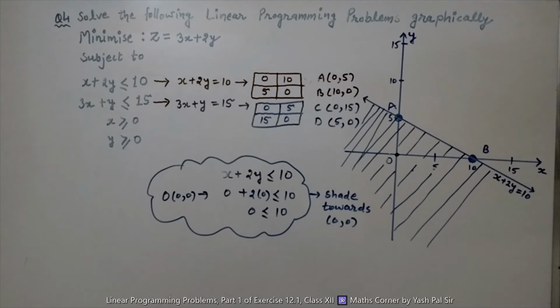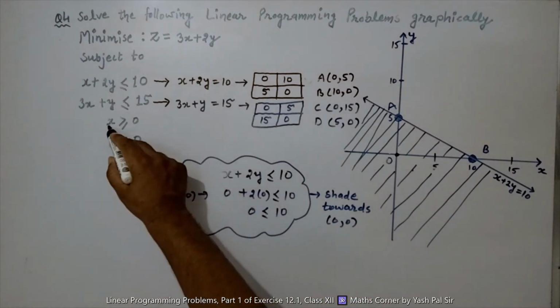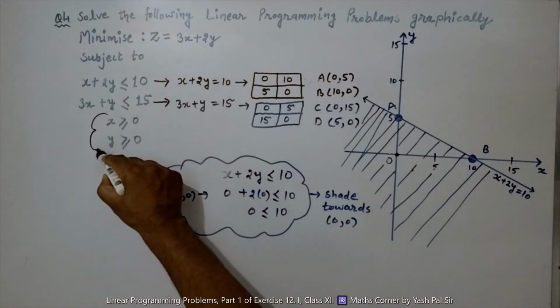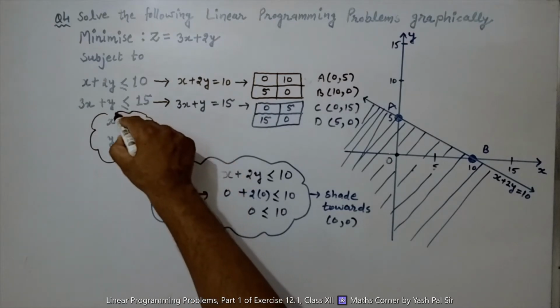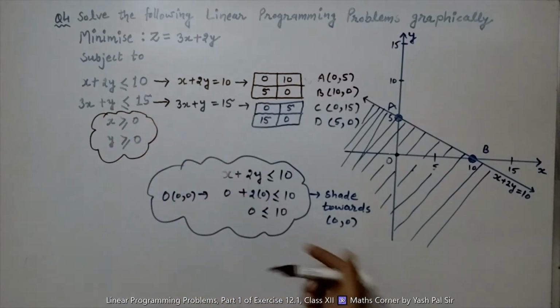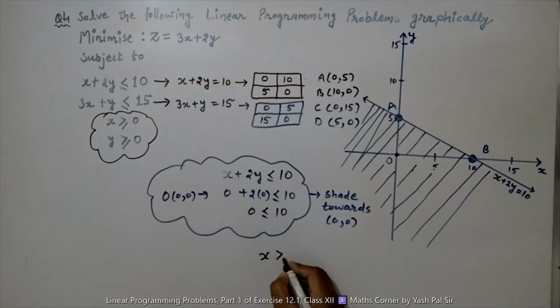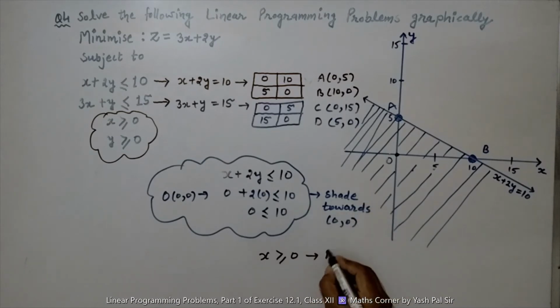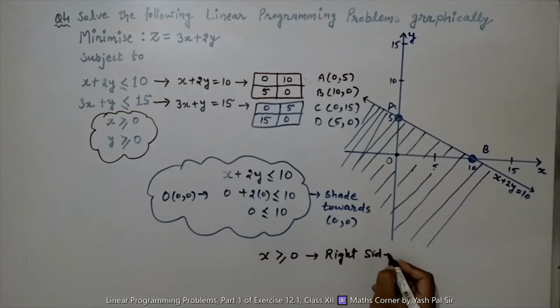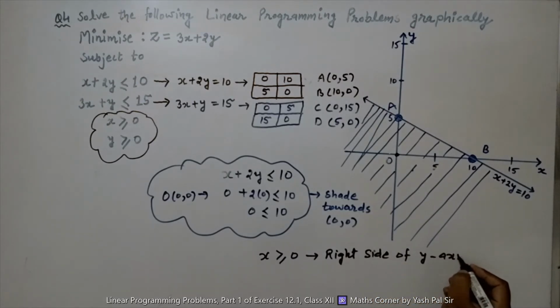Now taking second line. But as we have discussed in previous question, x is greater than or equal to 0, y is greater than or equal to 0. So x is greater than or equal to 0 means right side of y-axis.